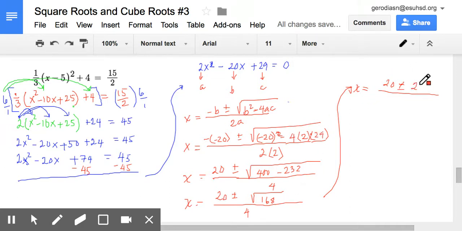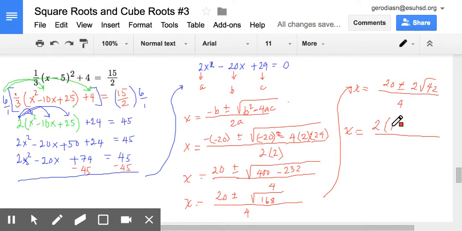That's going to be 2 square root of 42 all over 4. Therefore, X is equal to, for the numerator, we can factor out a 2.